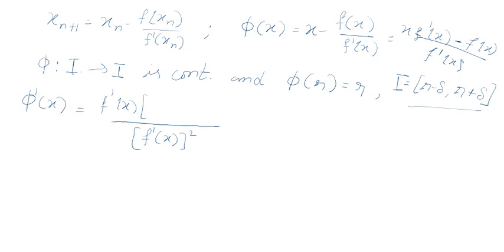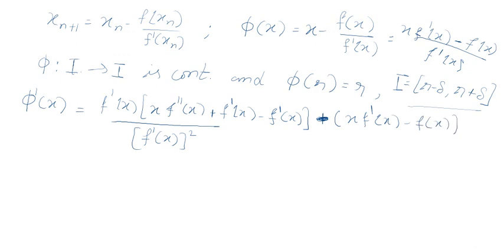So f dash of x times the derivative of this numerator, that is x times f double dash plus f dash minus f dash, plus, not plus, it's minus, x times f dash, okay, minus f times f double dash.